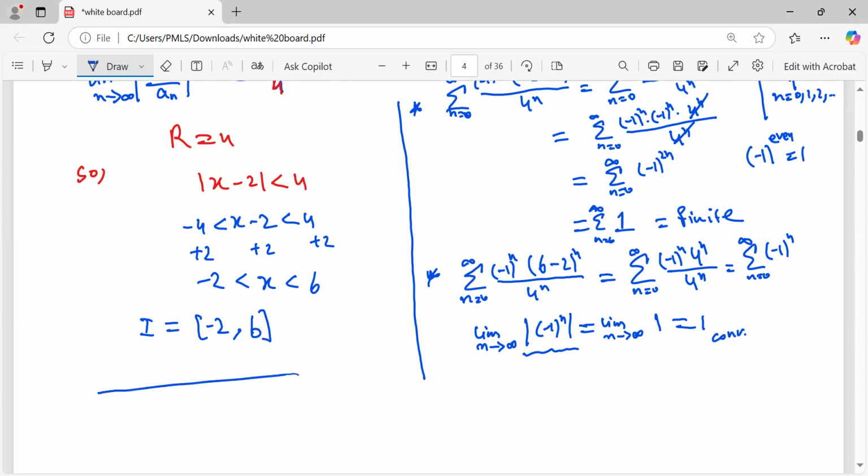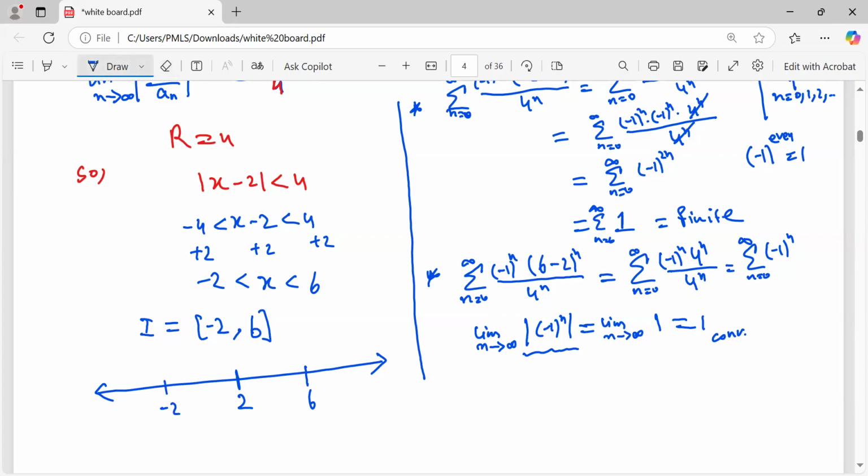So if we draw the interval of convergence on a number line, what is the center? In our given case, the center is 2. And for the interval of convergence, this is 6 and this is something minus 2, so we need to take equal distance on both sides. It will be somewhere, let's say, minus 2.